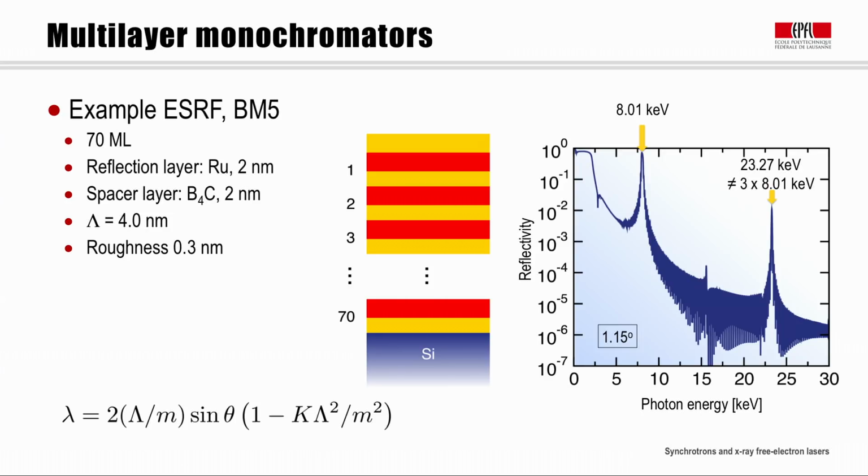However, the deviations are much smaller, and this is due to the fact that the wavelengths being selected in multilayers are very much smaller than the periodicity, resulting in shallow angles and a larger refractive effect. In other words, a larger change in angle of the X-rays as they cross the interface between spacer and reflecting layer. This phenomenon means that multilayers can be used to suppress higher harmonics.